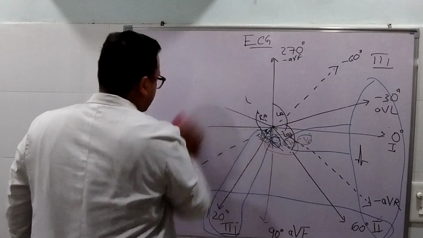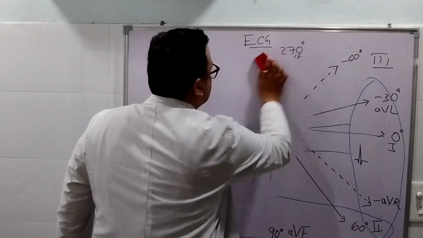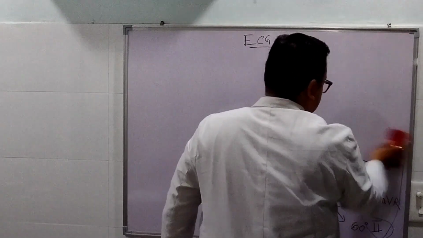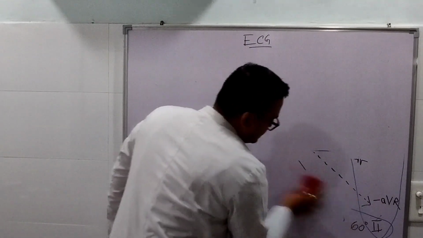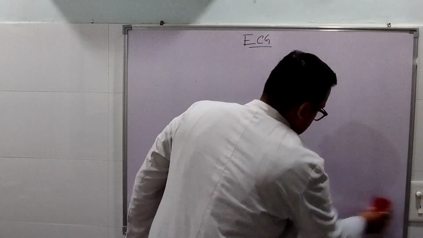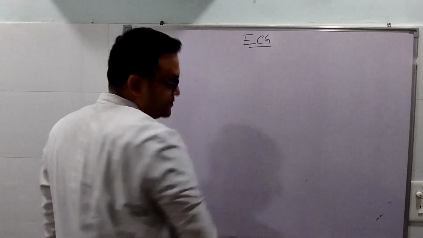So now we will be moving to the ECG paper. To understand the rate, rhythm and other things, we need to see how the ECG paper looks and what the measurements in this ECG paper are.